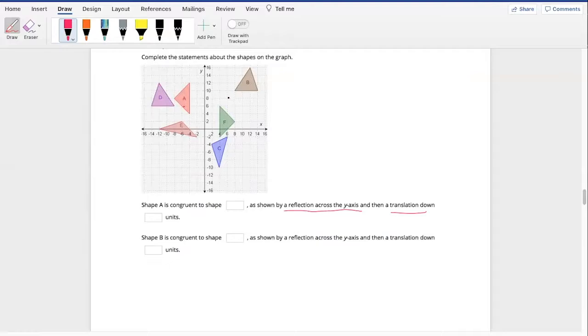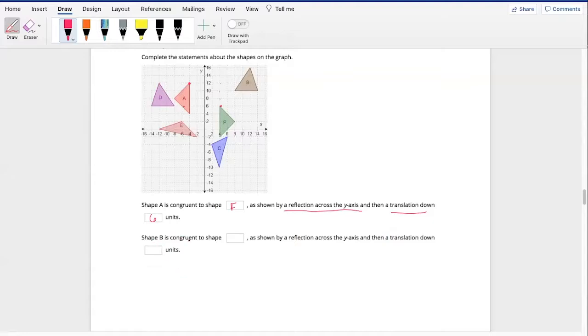So think if you reflected it, it would be pointing the other direction and then down. So that kind of looks like this triangle F here. How far is it shifted down? Well, I can look at from the top here. So here I am up at the top and I got to go to here. So 2, 4, 6. Got to watch that scale. Sometimes that's tricky. So it's going down 6 units.